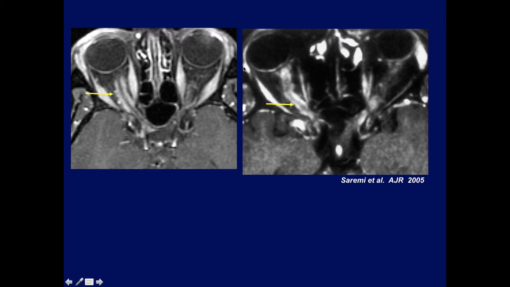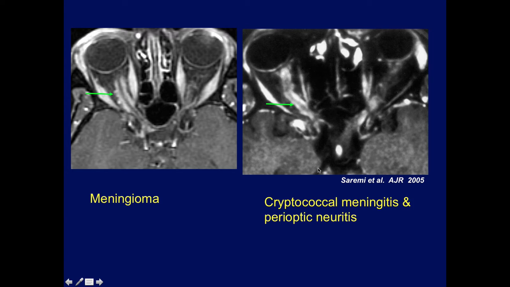The right is the optic nerve meningioma. This is the giveaway signal. I would not choose from the literature another optic nerve meningioma. We have enough. This was a very unusual case of cryptococcal meningitis with perioptic neuritis, looking very similar to this meningioma.